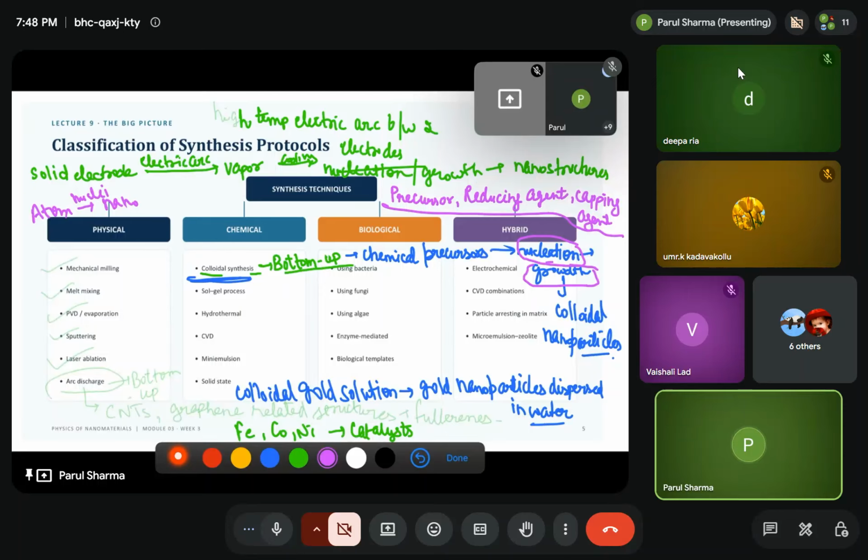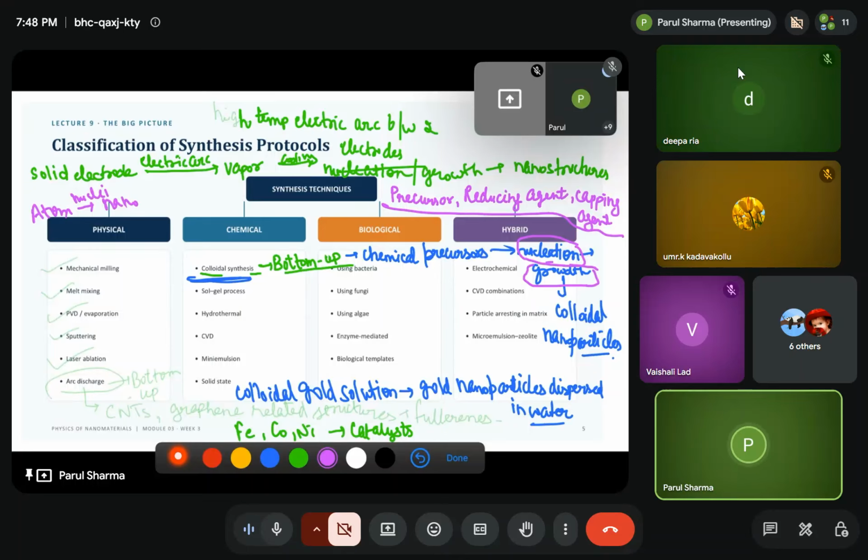That's why the reaction conditions play an important role in colloidal synthesis, and the size and shape of nanoparticles are primarily controlled by controlling the rates of precursor conversion, nucleation, growth, and surface stabilization. So this is the process of the synthesis of nanoparticles using colloidal synthesis.